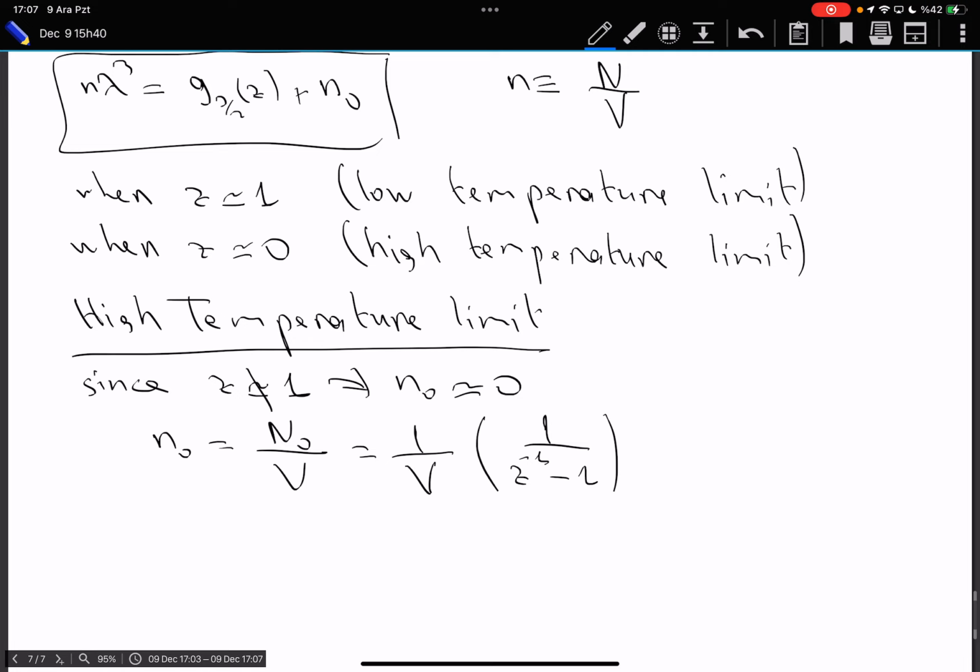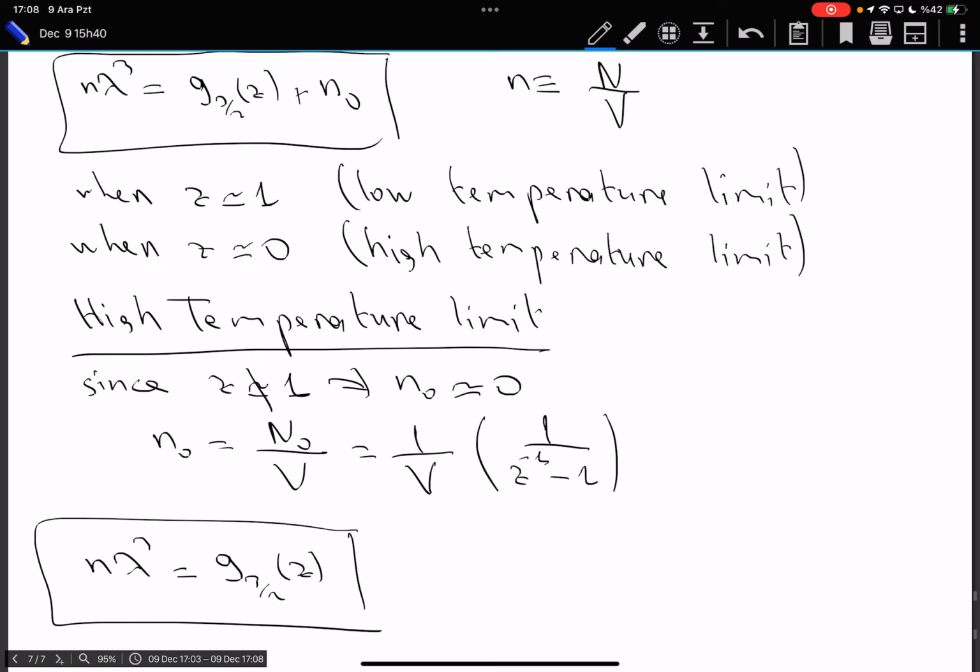This is what N0 is. Well, if z is less than 1, 1 over z minus 1 is some finite positive number, not very large. But if I divide by V, which in the thermodynamic limit is enormous, huge, well, this is just 0. I can just throw it away. So n times lambda cubed should be equal to g 3 over 2 of z. This is what tells me what z is.